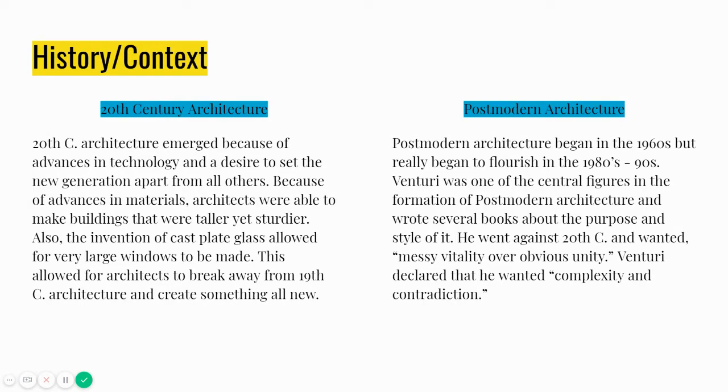In terms of history and some of that contextual information, 20th century architecture emerged because of advances in technology. And remember when we talked about that Carson Perry Scott building, that huge industrial revolution, the mass output of steel and large sheets of glass.